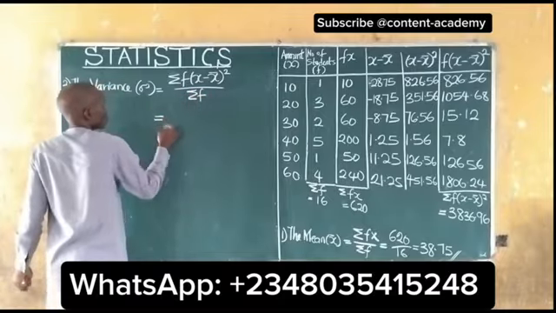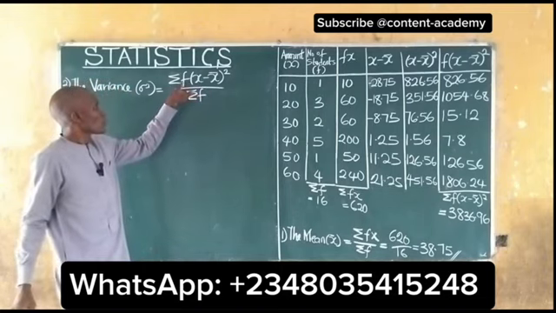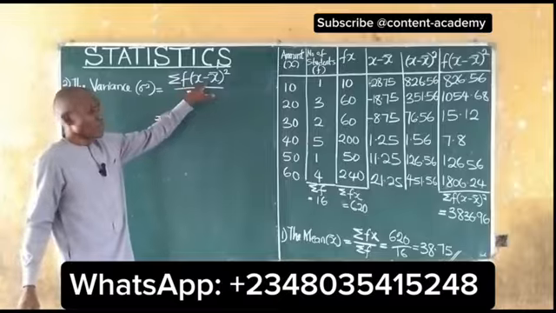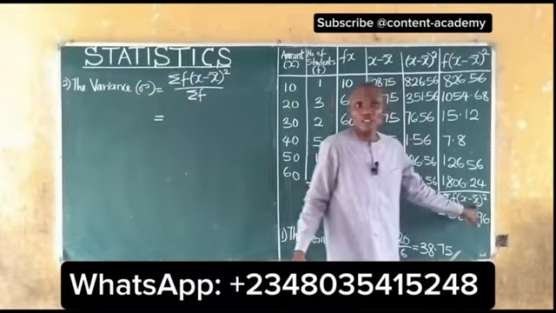Summation of f multiplied by x minus x bar squared is what we have here.